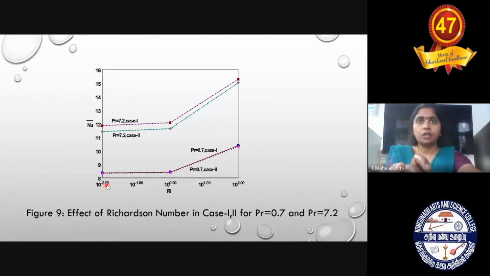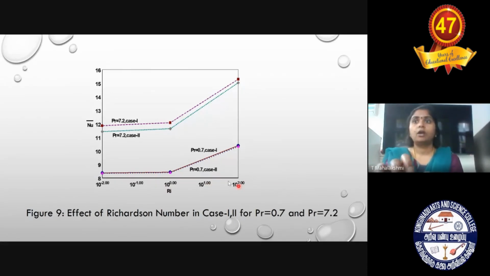For the Richardson number 0.01, the heat transfer rate is very low. For the Richardson number Ri equal to 1, somewhat the heat transfer rate is increased, whereas the huge change in heat transfer rate is obtained for the Richardson number Ri equal to 100. So Ri equal to 0.01 represents forced convection, Ri equal to 1 represents mixed convection mode, and Ri equal to 100 represents the natural convection mode.